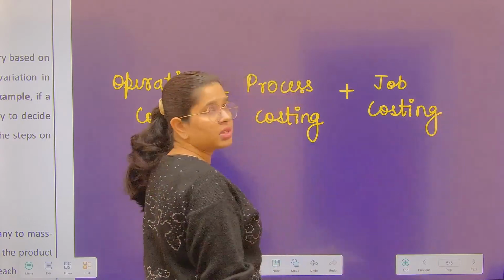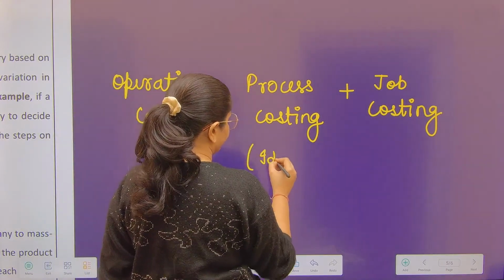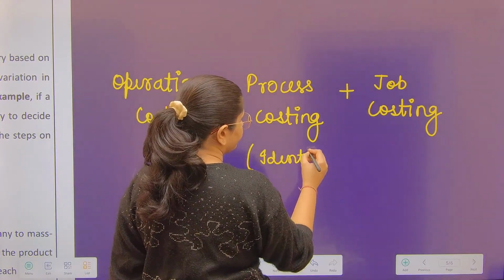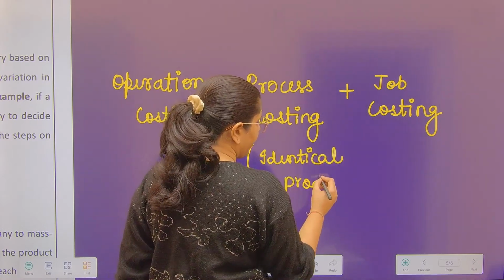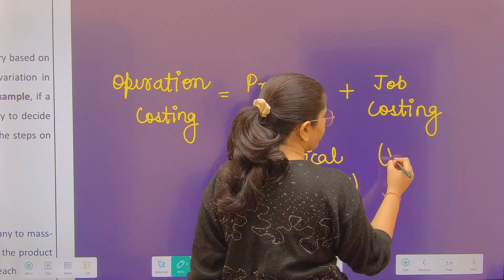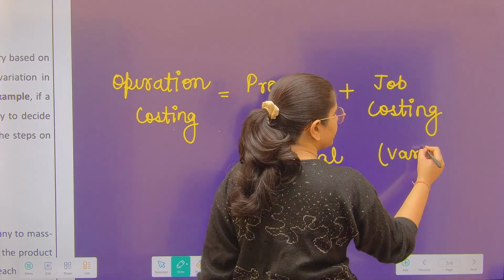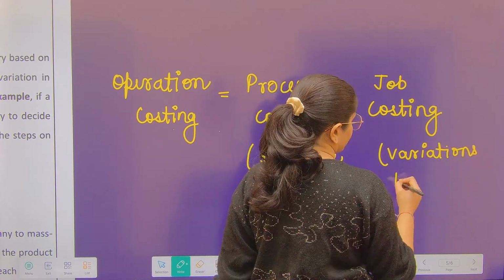Why? Because yes, we are producing identical products. Our products are identical, but at the same time, we also have variations in features.